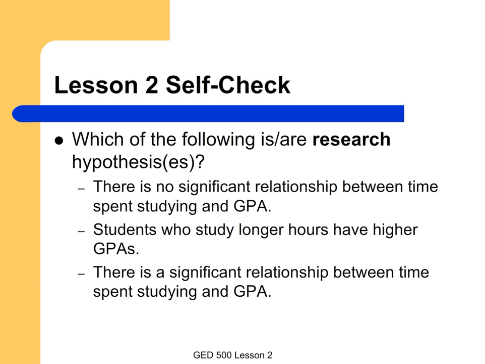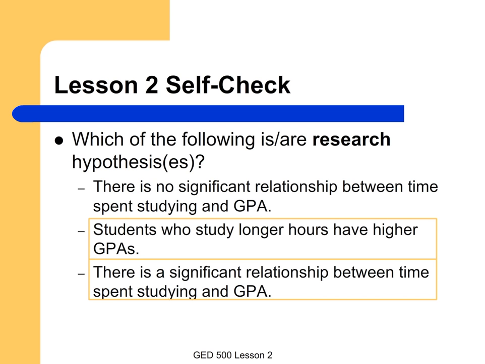Take a look at which of the following is or are research hypotheses. There is no significant relationship between time spent studying and GPA. Students who study longer hours have higher GPAs. There is a significant relationship between time spent studying and GPA.